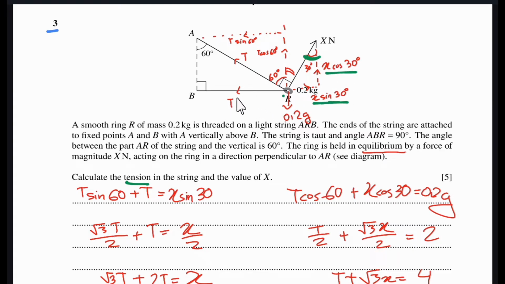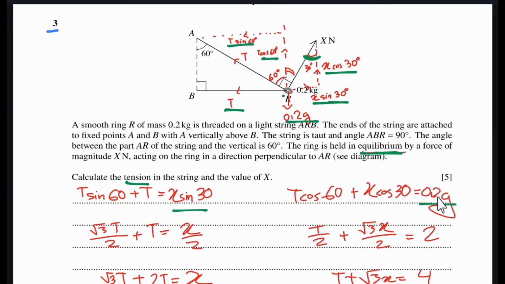Then we need to equate the horizontal and the vertical components of forces. Since they are in equilibrium, t sin 60 is equal to x sin 30. Then again for the vertical forces, t cos 60 and x cos 30 is equal to 0.2 g.